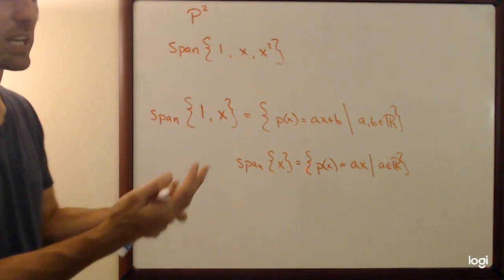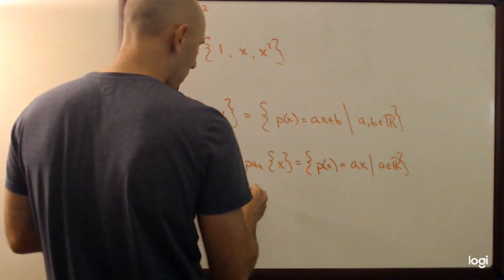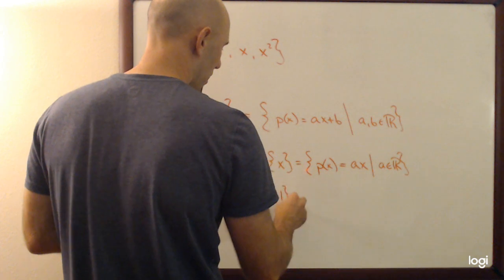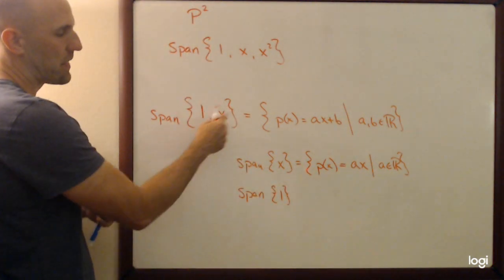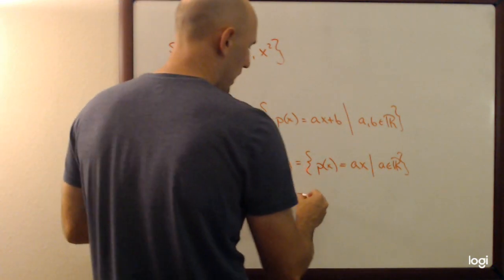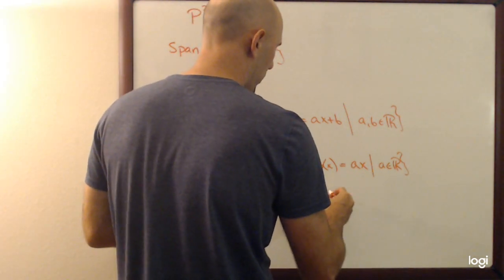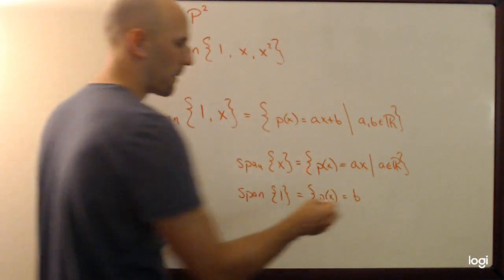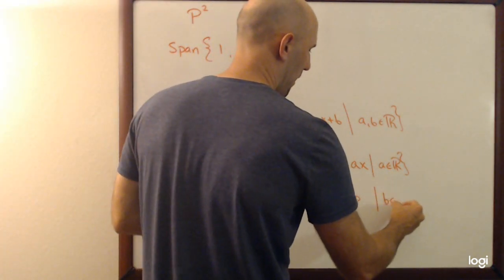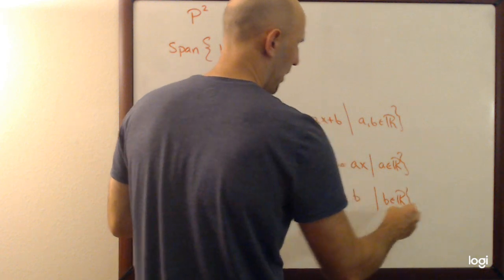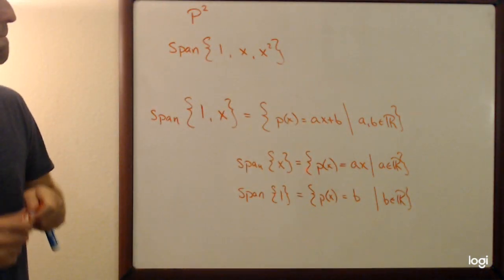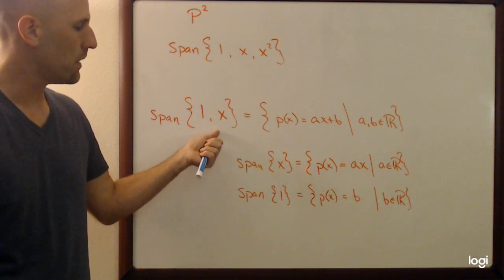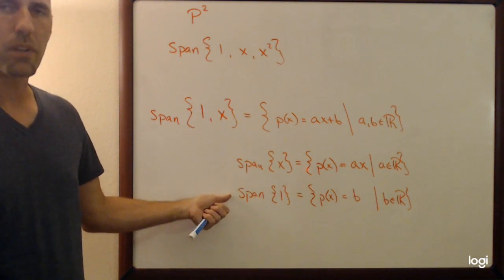I can make 2x, but I can't make the plus 1. And the same is true for the span if I take the x out, just the span of 1. These are, again, all the polynomials of the form b, some number, right? Well, sure, but again, 2x plus 1 is in this span, but it's not in this one either, because I don't have any x's to work with.